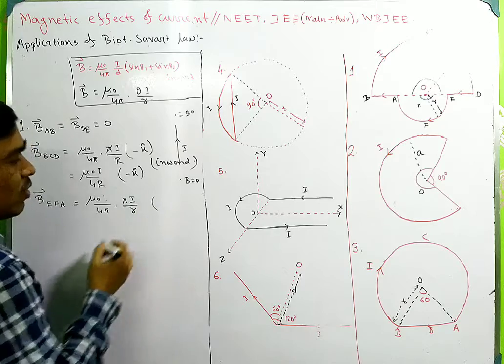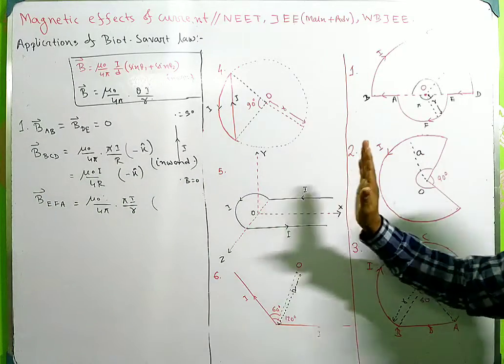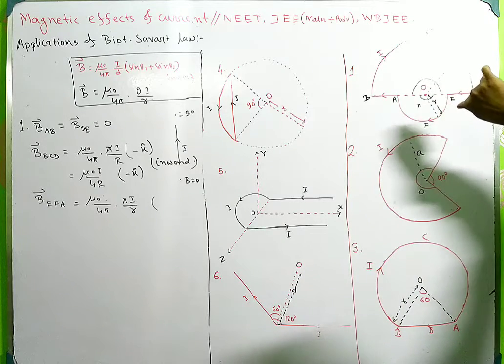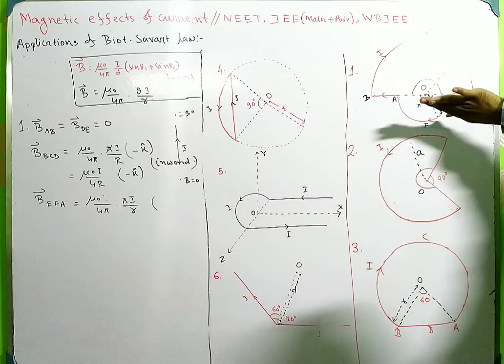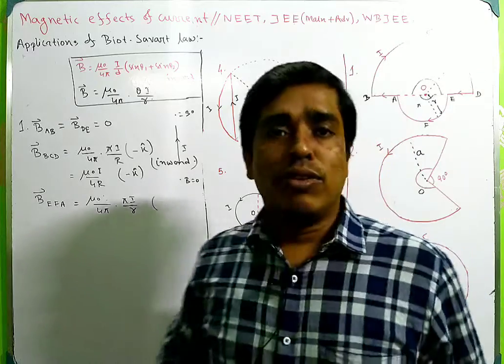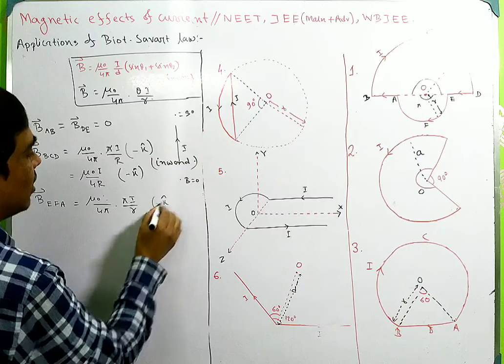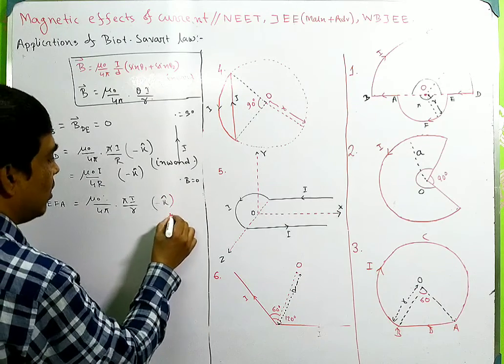What will be the direction of this magnetic field? This is my right thumb, so the direction of the magnetic field is inward. So here it is also minus k cap, that means it is inward.